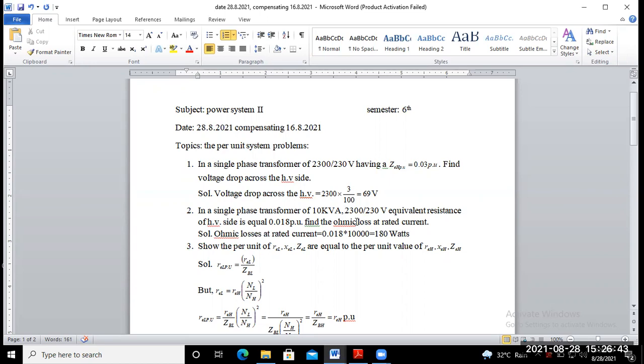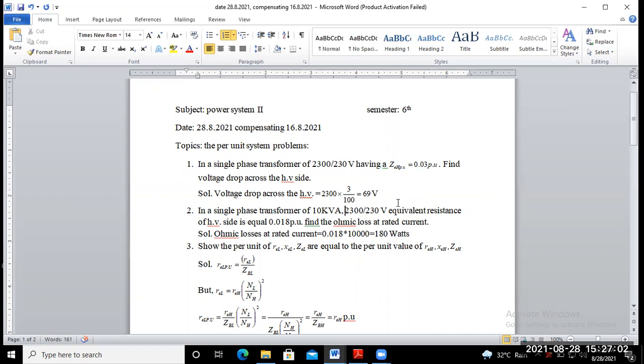And the impedance drop gives the voltage drop across that winding, either the high voltage winding or the low voltage winding. So always keep these two points in mind when you solve problems related to the per unit system of the transformer.